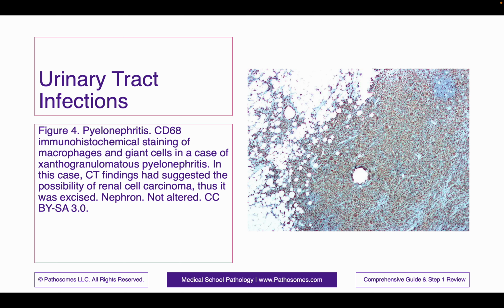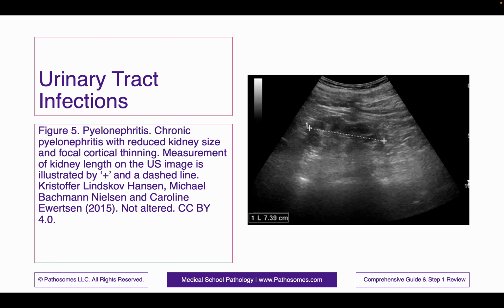And we can see that in this case of xanthogranulomatous pyelonephritis. And to the right here, we have imaging from a patient with chronic pyelonephritis with reduced kidney size and focal cortical thinning.